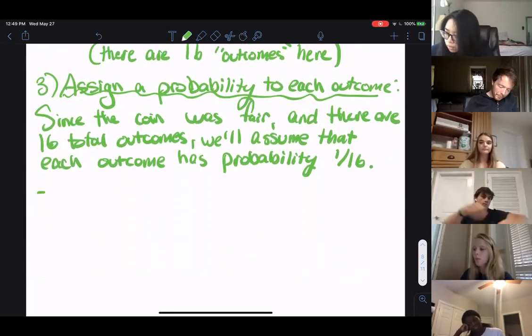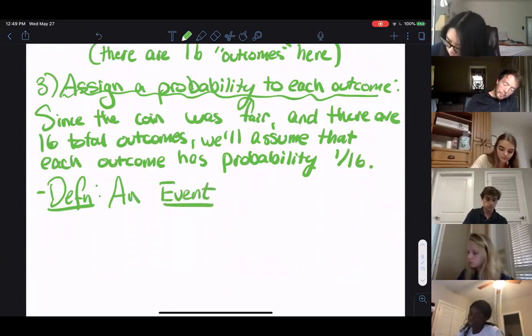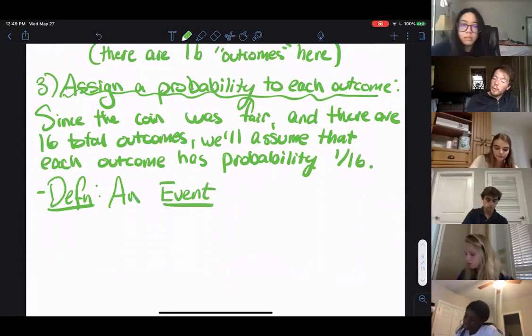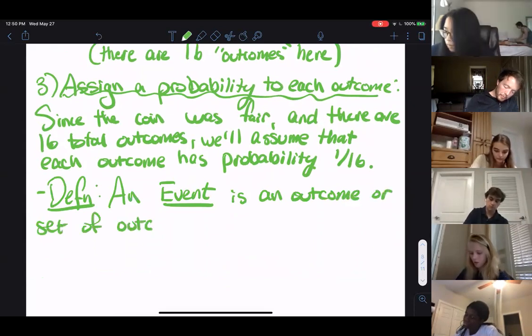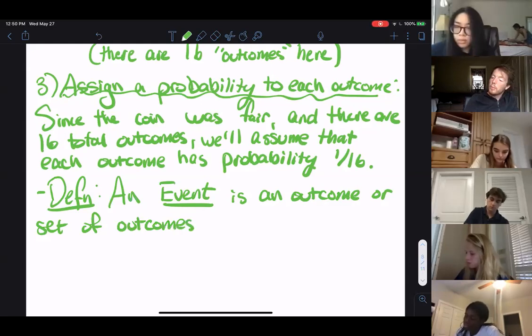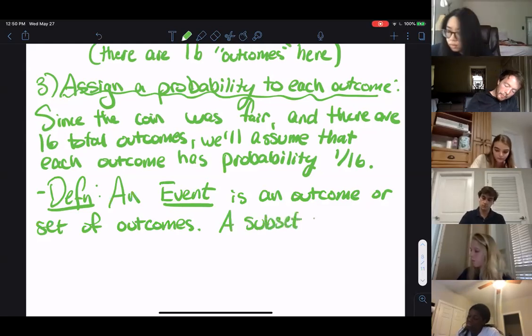So we have another definition. An event is an outcome or set of outcomes, in other words, it is a subset of the sample space.